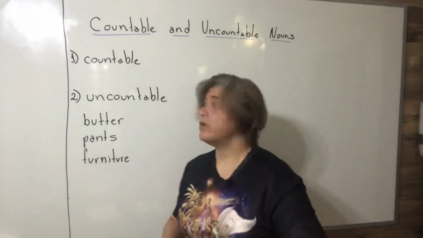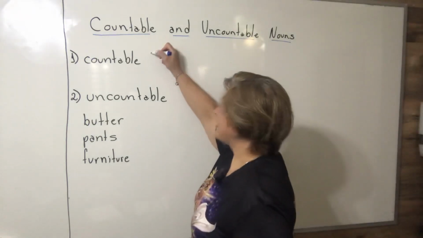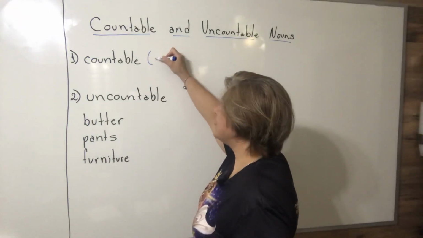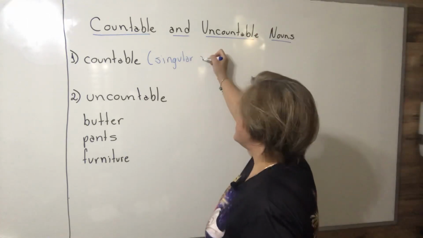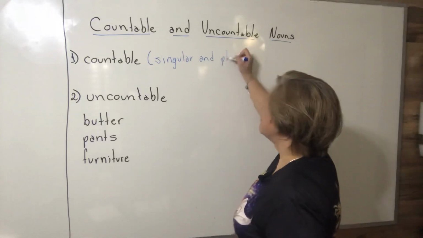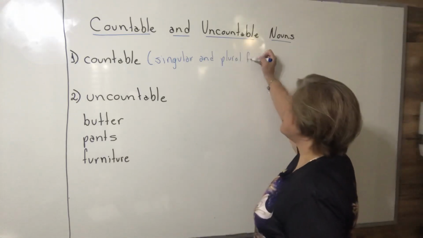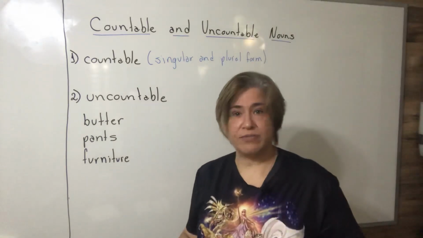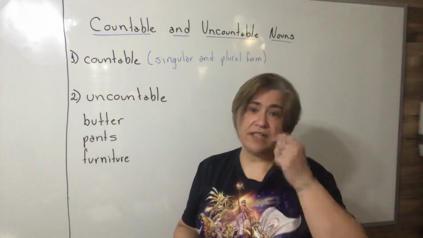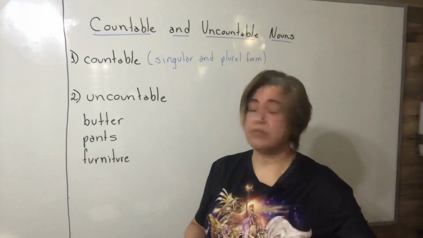This is countable. So I like to think that countable is a word that has singular and plural form. And of course, it's possible to count. You need to have this capacity. You can count. Okay.